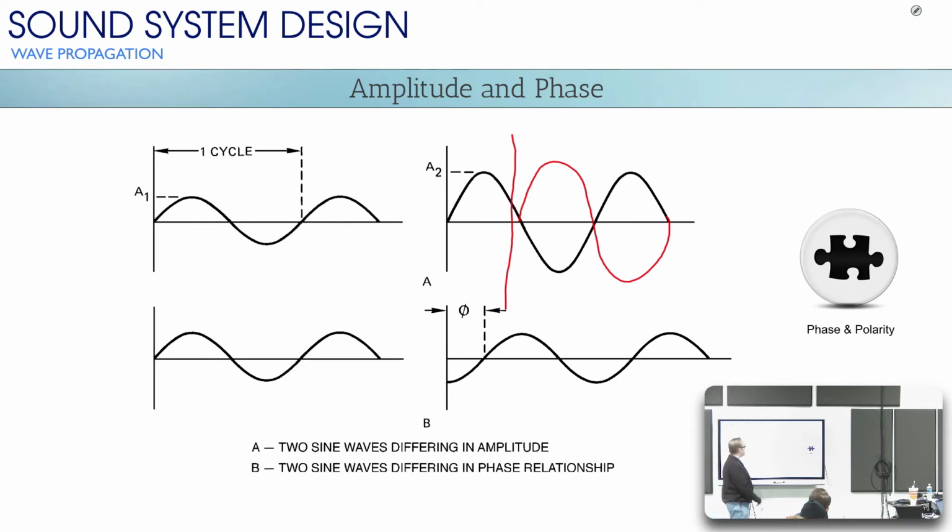If you think about this as a circle, you start here, and we could call that 0 degrees. Then we go through a cycle, we end up back at 0, so that's now 360 degrees. Here in the middle would be 180 degrees. This would be 90 degrees. This would be, I'm sorry, 270 degrees.